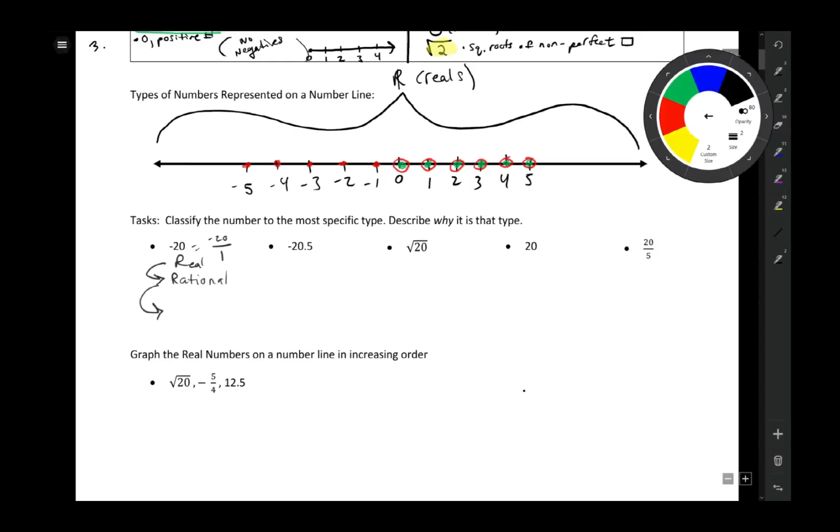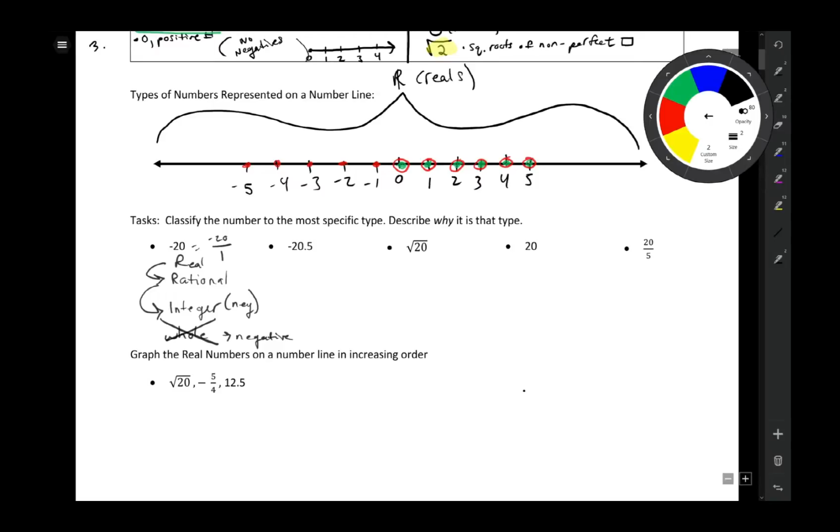From there you decide, is it an integer? Well, yes, it's an integer because it's negative. And it's not a whole number. So it's not a whole number, no, because it is negative.